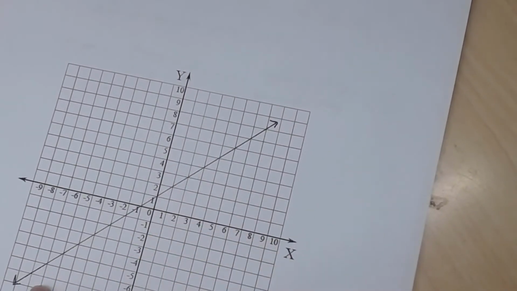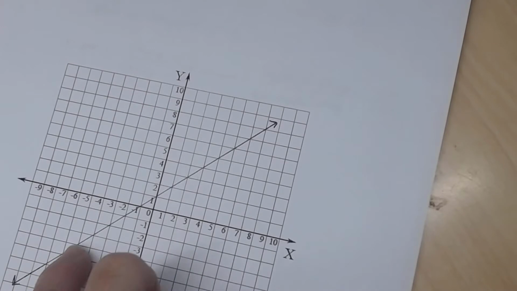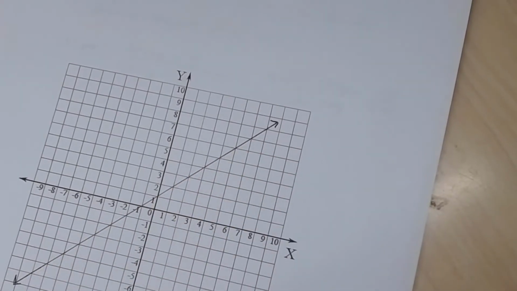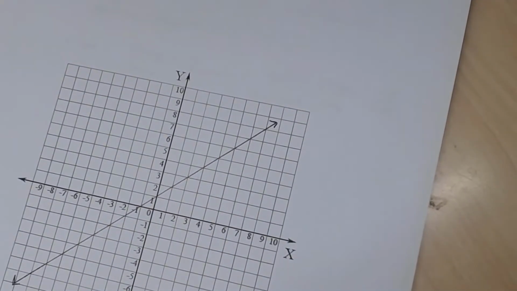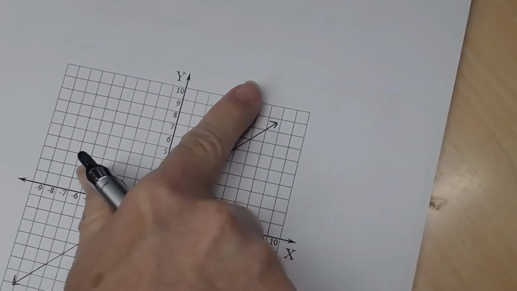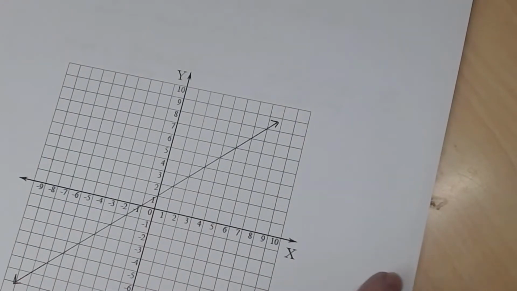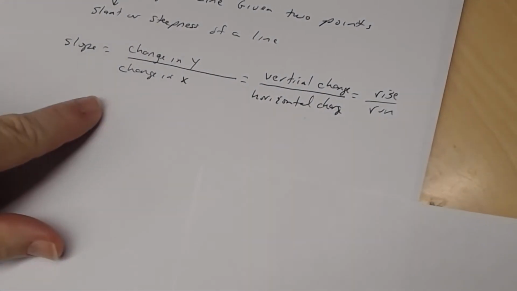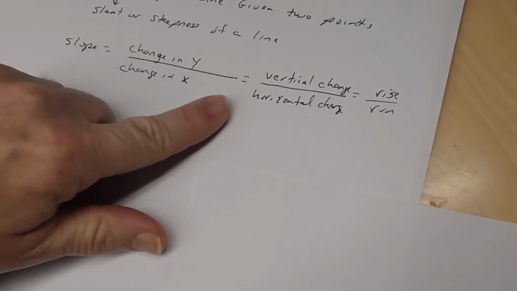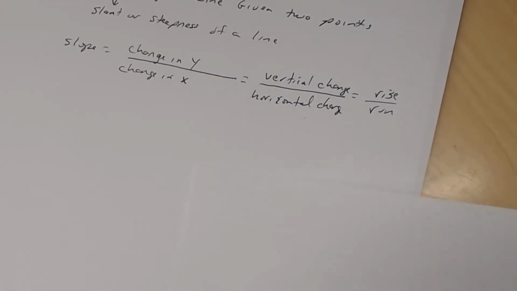You graphed equations earlier, and now we're looking at the slope. It's not important to know what the equation is here. All we want to do is talk about what the slope of this line is. So we're going to use the definition we just talked about: change in y over change in x, vertical change over horizontal change, rise over run.